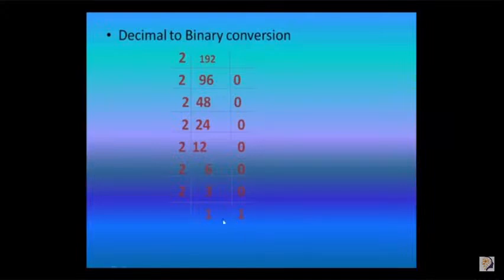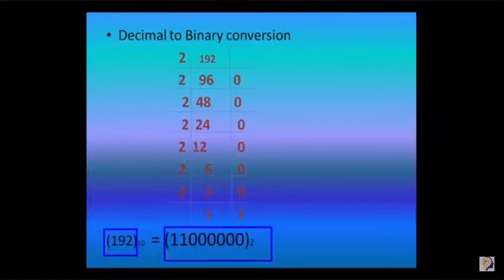Now I write the remainders from the bottom upward. So 192 in the decimal number system is equivalent to this binary number. Clear? Very easy, nothing complicated. Just practice a few things and it will be clear to you. If I go through the reverse process of this, look here.